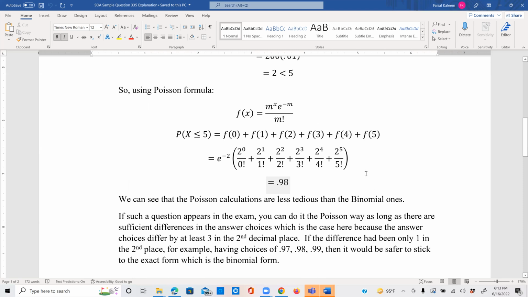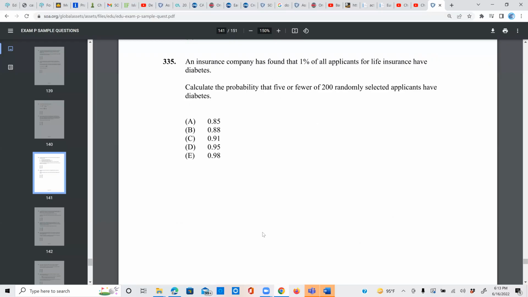But if you're short of time and these conditions are met, then as a rule of thumb, if the answer choices differ by 3 or more in the 2nd decimal place, you can be reasonably sure that you will hit the right answer with the Poisson approximation. Here, the difference between 85 and 88 is 3 in the 3rd decimal place, and so on. Here it's 4. So we at least have a difference of 3.